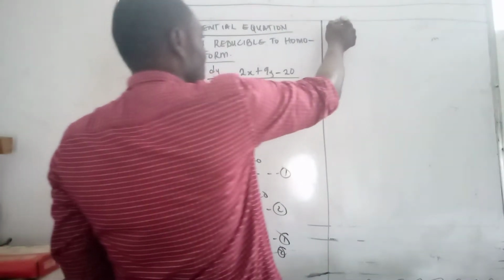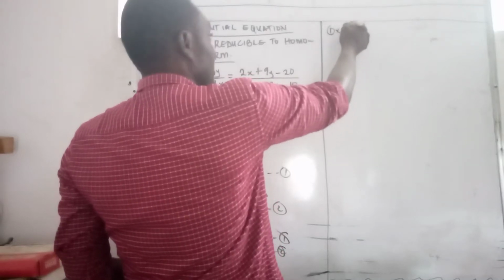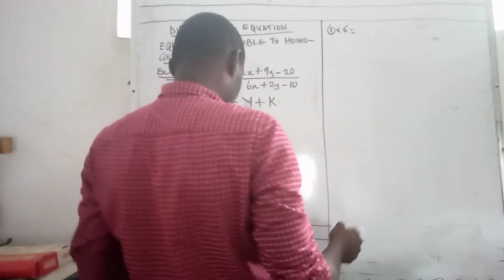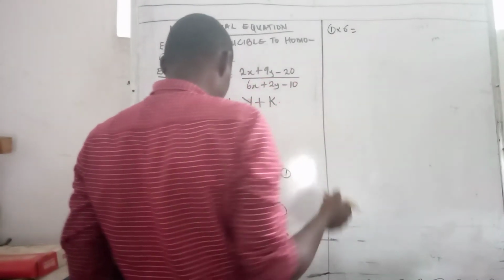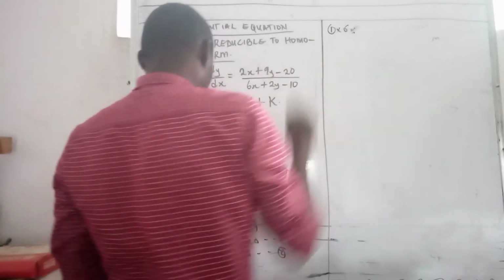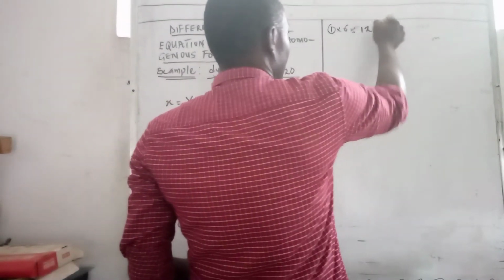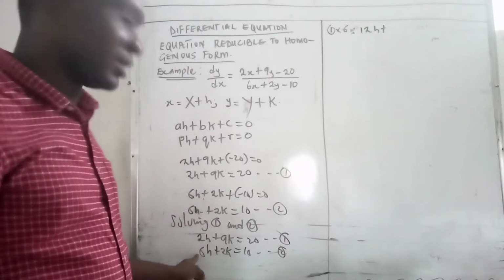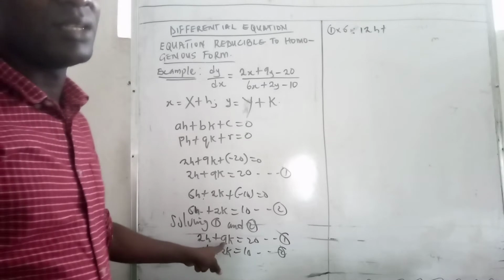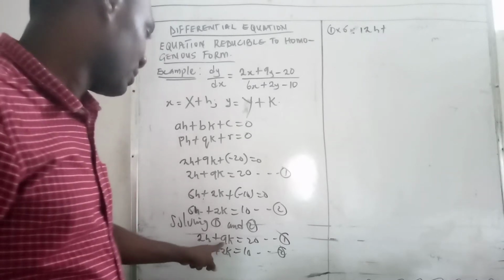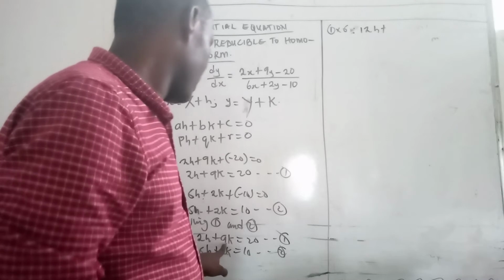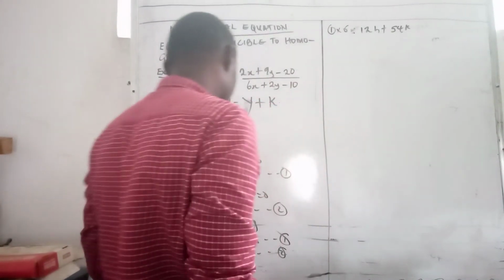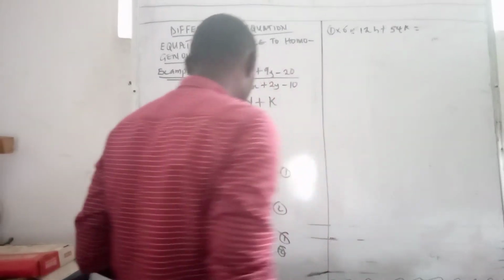Equation 1 multiplied by 6 is going to give us 6 times 2, which is 12h, plus 6 times 9, which is 54k, equals 6 times 20.